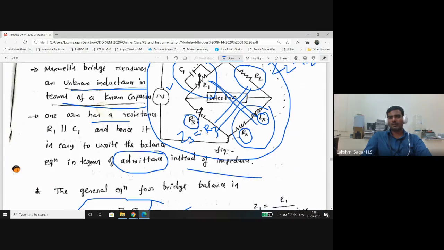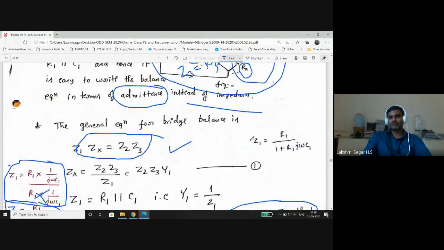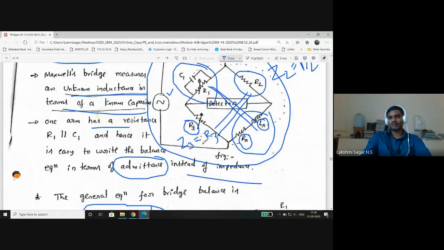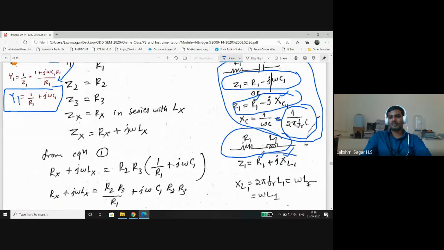Then Z2 impedance has pure resistance R2. Then Z3 is R3. This arm of the bridge network has pure resistance. Then Zx is equal to Rx plus j omega Lx. If the inductance is connected in series with the resistance, I have written the equation here.